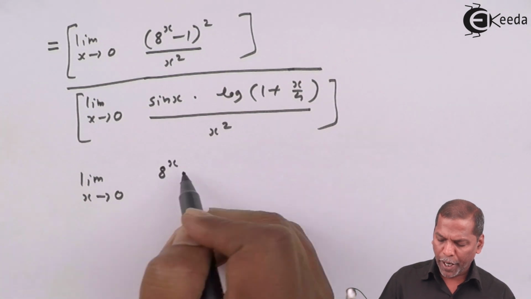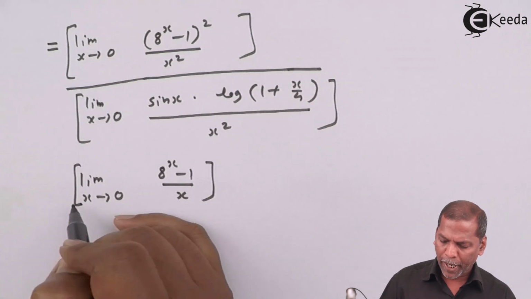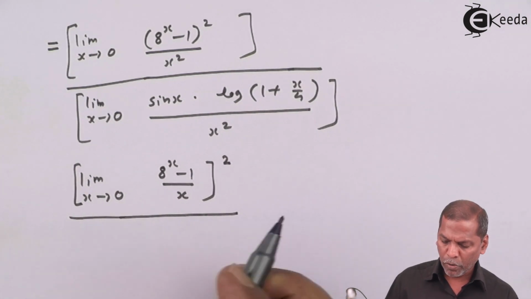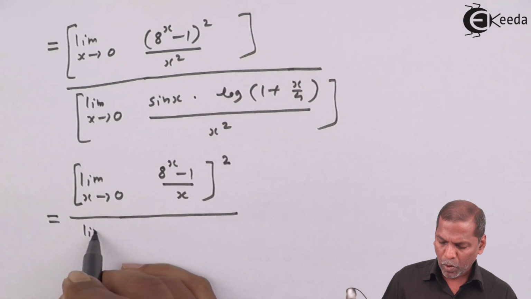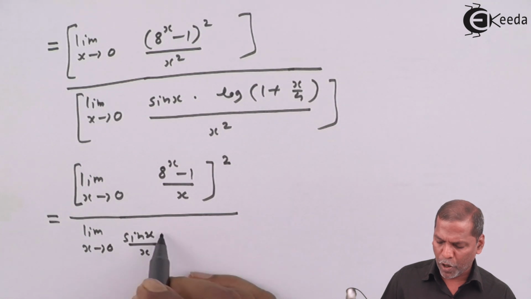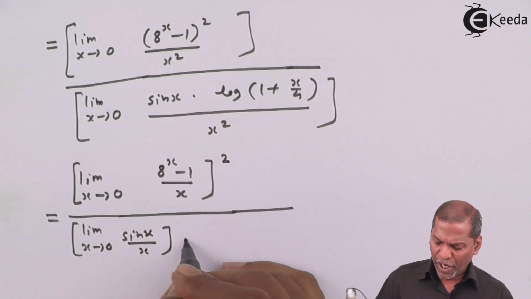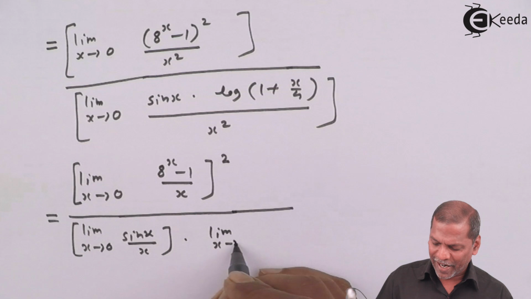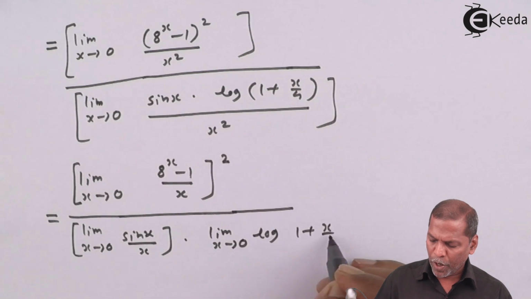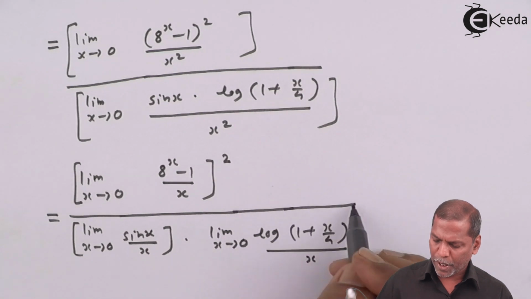So we have (8 raised to x minus 1 upon x) whole square, upon limit x tends to 0 of sine of x upon x, into limit x tends to 0 of log of 1 plus x by 4, whole thing divided by x.